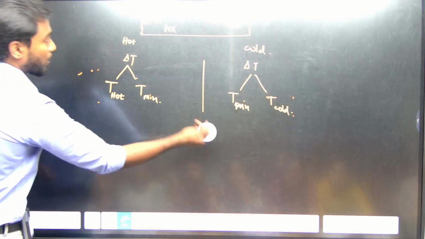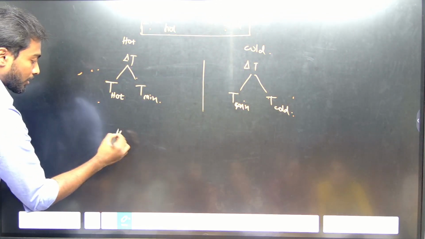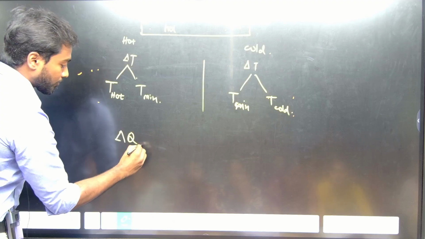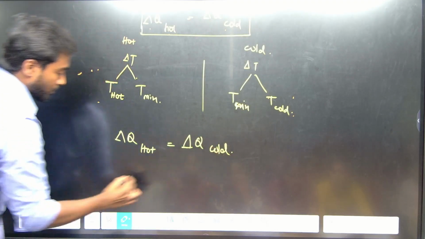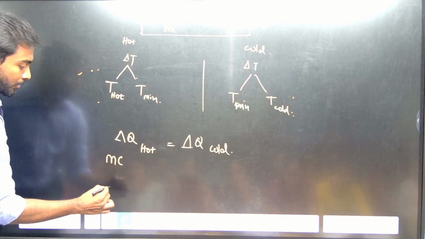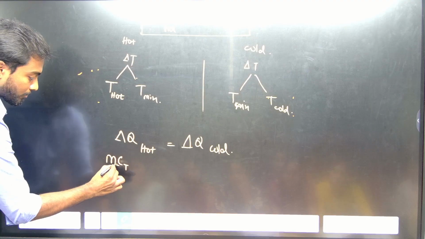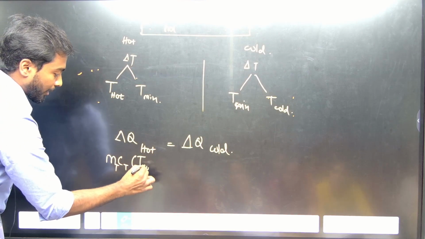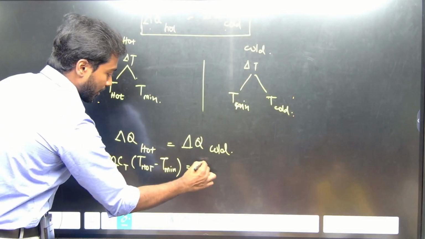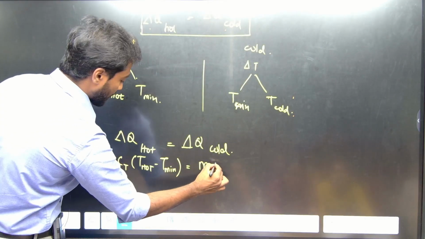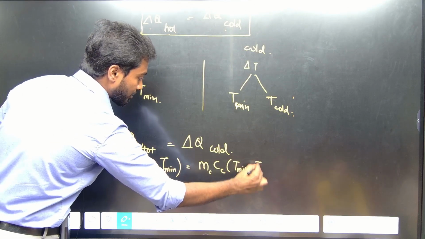Now if we talk about the equation, delta Q of hot will be equal to delta Q of cold. So can I write, what is the formula? m c delta T. So m c, T hot minus T mixture, will be equal to m for cold, I mean mass of cold, and specific heat of cold, and this is T mixture minus T cold.